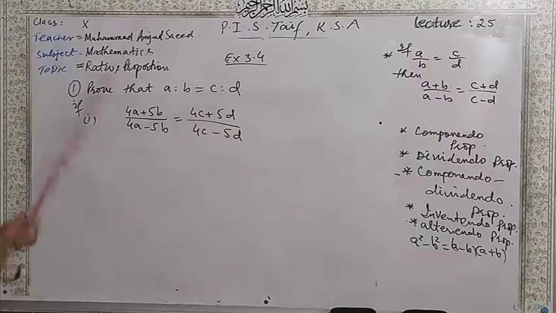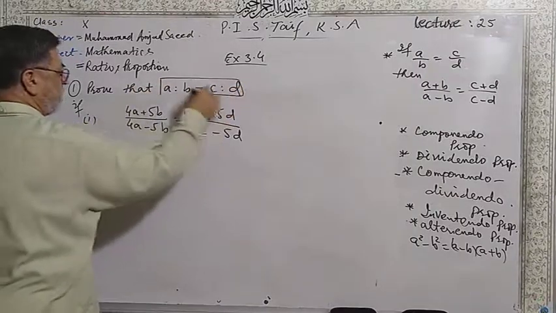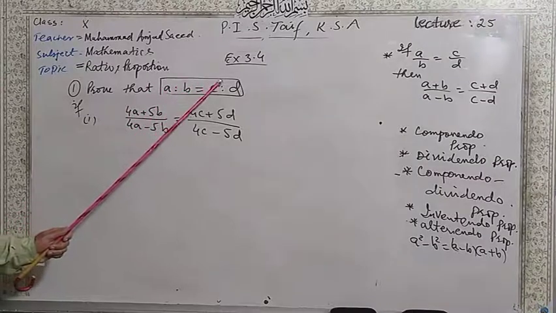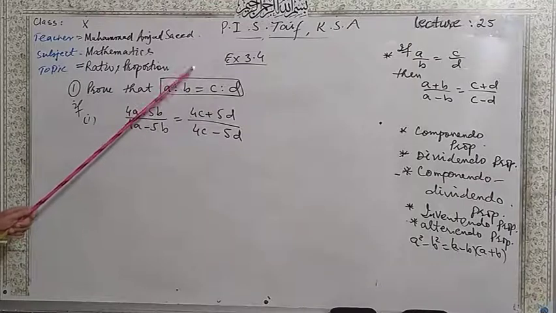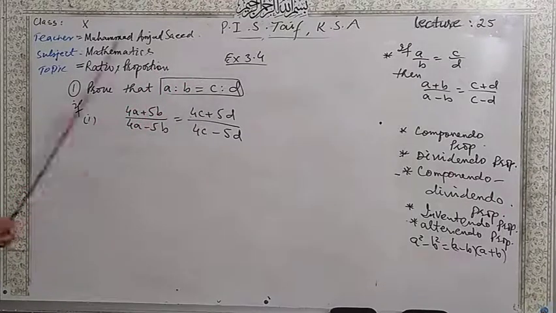Dear students, remember that this is your required answer. Prove that A ratio B is equal to C ratio D. We have to prove this answer. We will have to find this answer with the help of this.